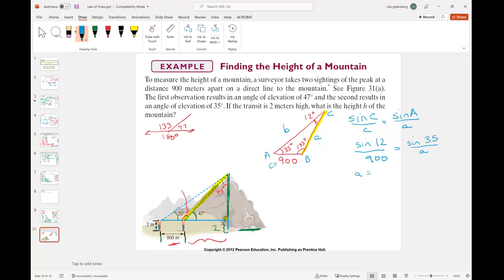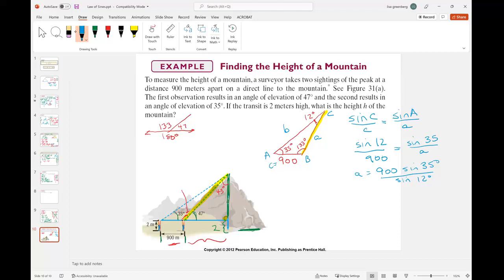So A here is going to equal 900 times the sine of 35 degrees divided by the sine of 12 degrees. And then we need our calculator.